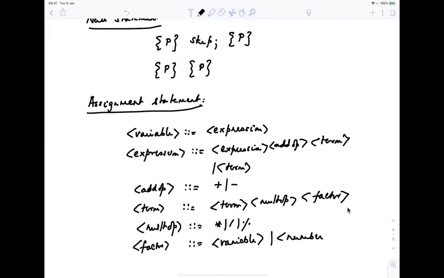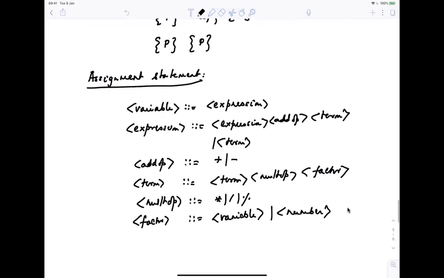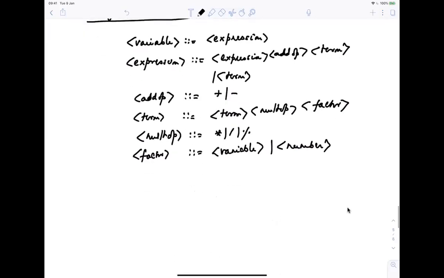Okay, so this is where I'm coming from. All right. So on the right hand side, this is an expression. When you're looking at variable equals expression, sorry, it should be an equals over here.